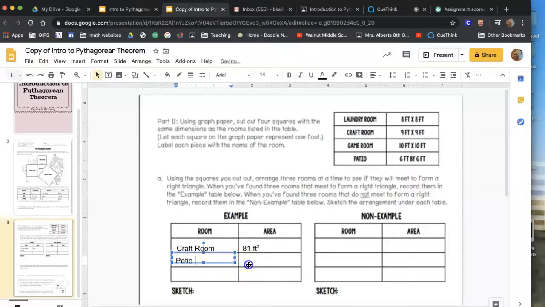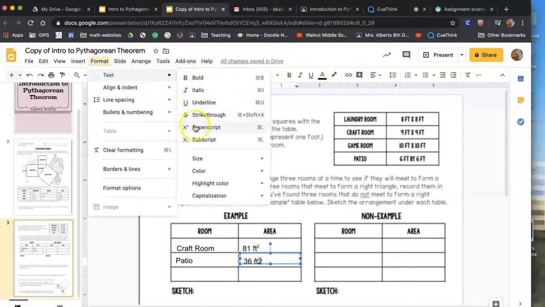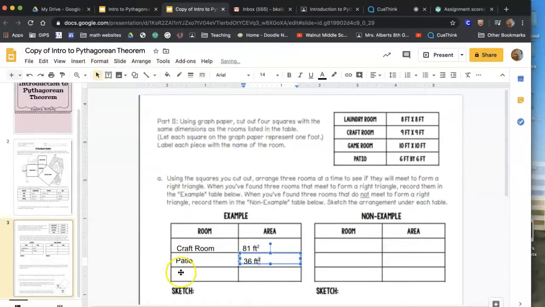And its area was 36 feet squared. And the third room that fit was the game room. And its area was 100 feet squared.